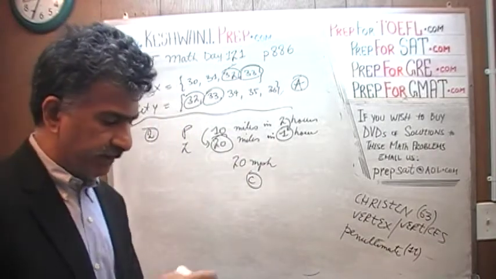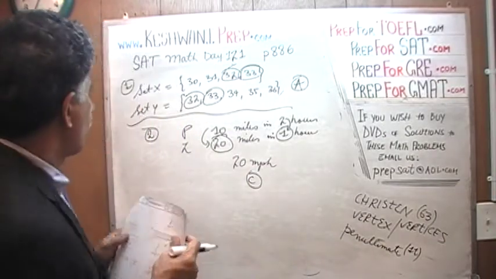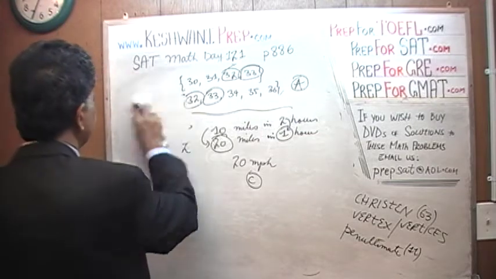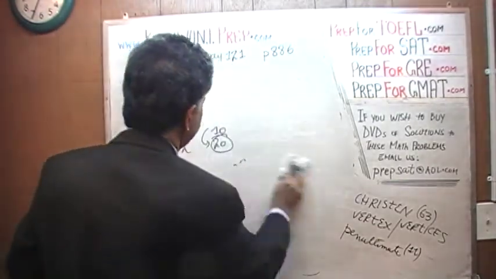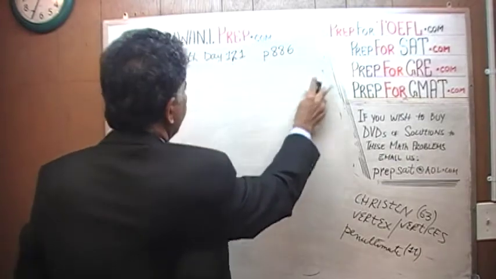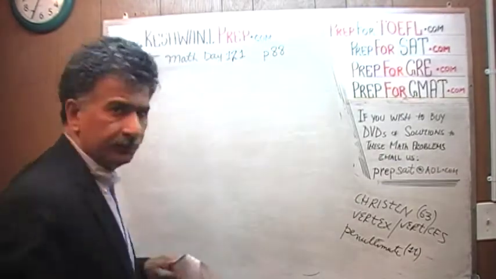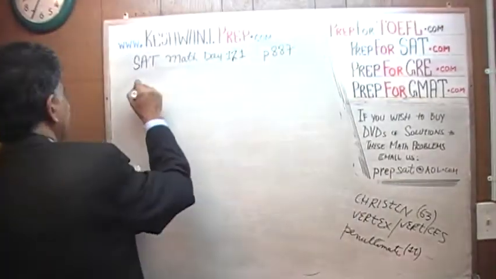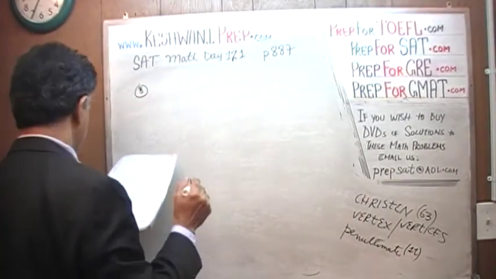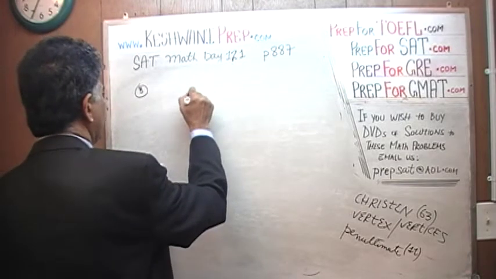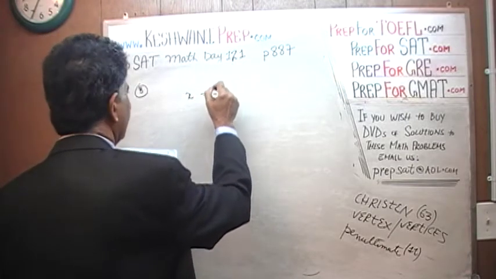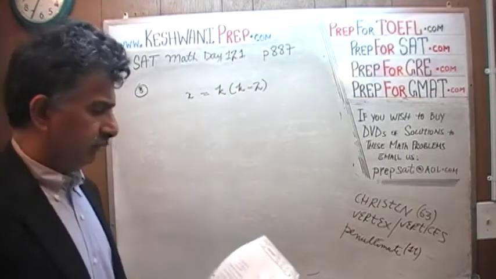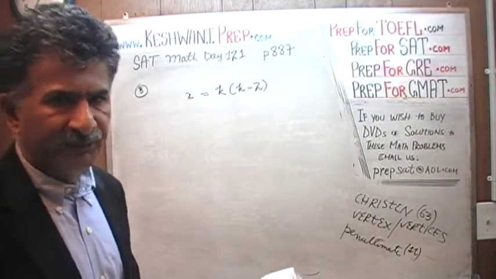Let's go on then. Number 3. On the next page, 887. Number 3. We are told that x equals k times k minus 2. The question is, how much is x plus 1?